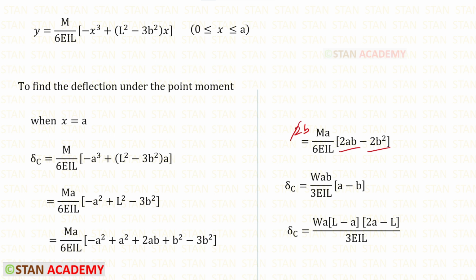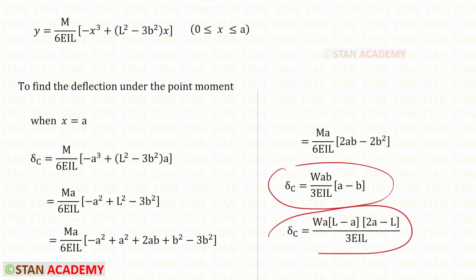We can eliminate 2 and here it will be 3. This is the expression to find the deflection under the concentrated moment. Alternatively, we can keep this expression also. Instead of b, we have to apply L minus a. And let us take this term a minus, instead of b, we can apply L minus a. So a minus L plus a, so it will be 2a minus L. So there are two expressions. You can take whichever is easy for you.